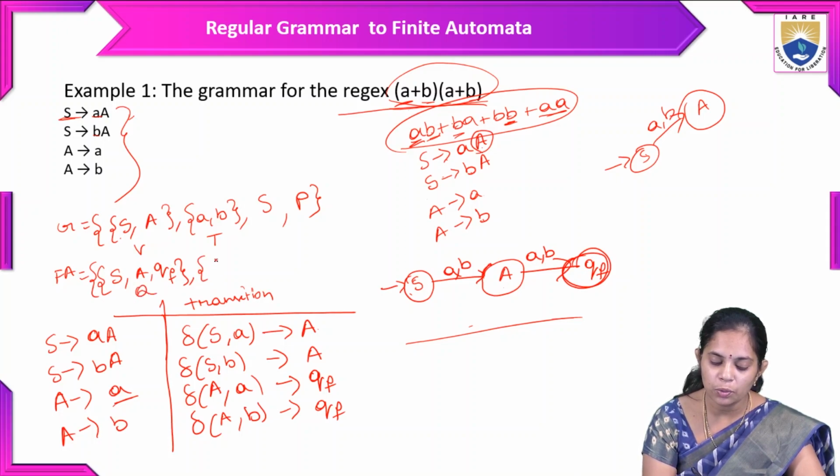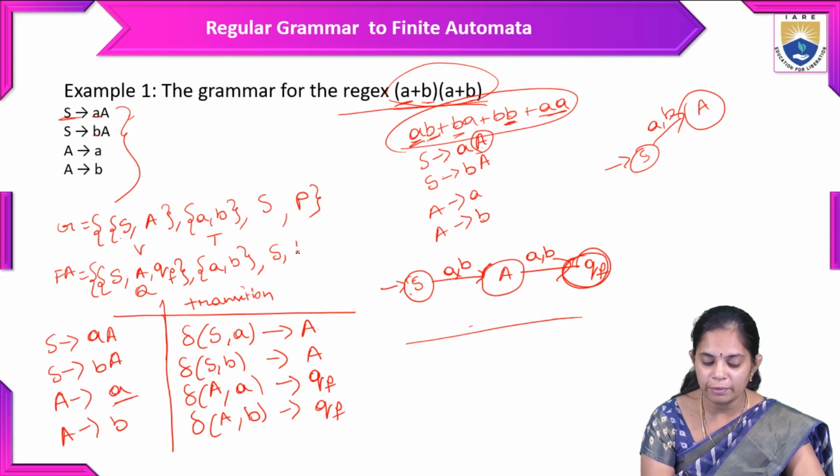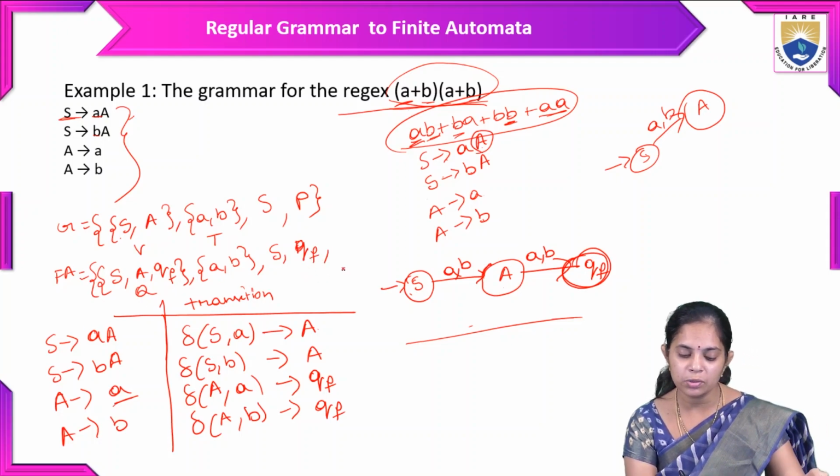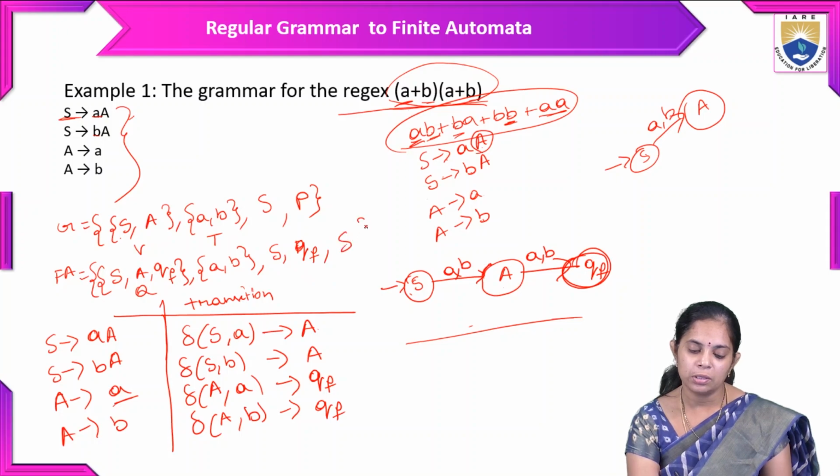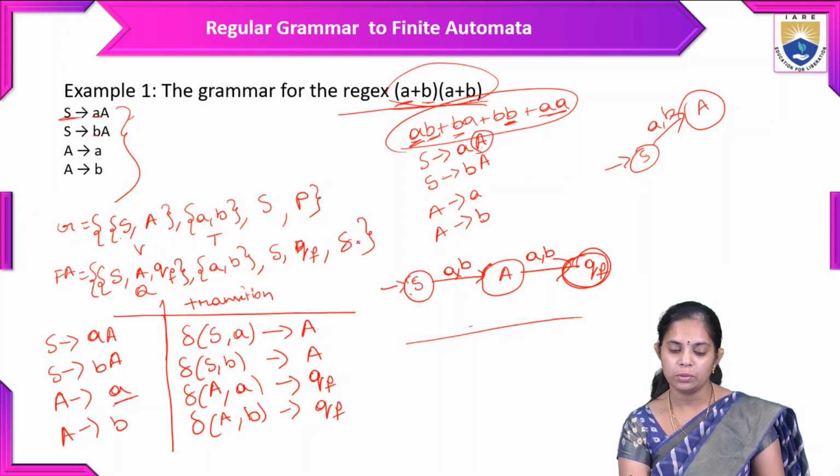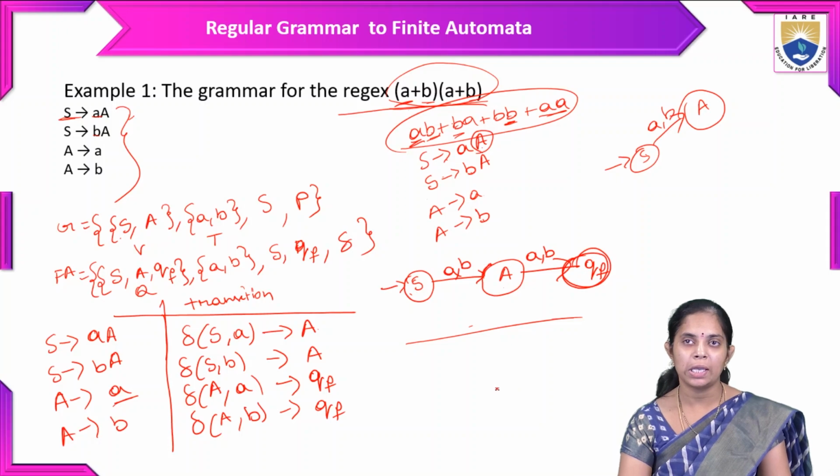So Q, and sigma is equal to A comma B. And next S is the start state Q naught and F is the QF, and we already got 4 values, and delta. So delta is the production rule which is converted into a transition.